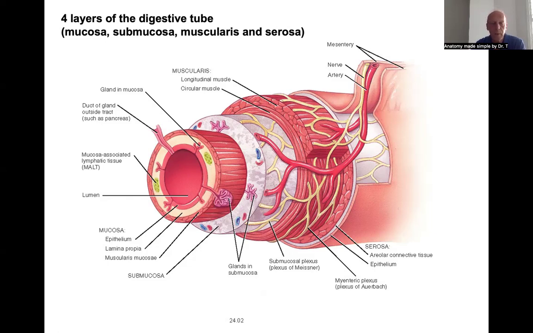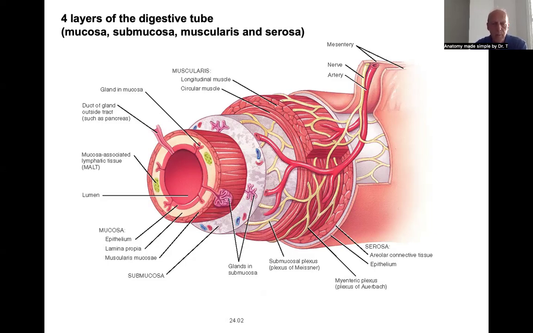They increase the absorptive surface of the digestive tube 100-fold, and we're talking about at least in excess of 200, maybe even 300 square meters. So we're talking nearly about 3,000 square feet of absorptive surface. That is what the mucosa is most important for.